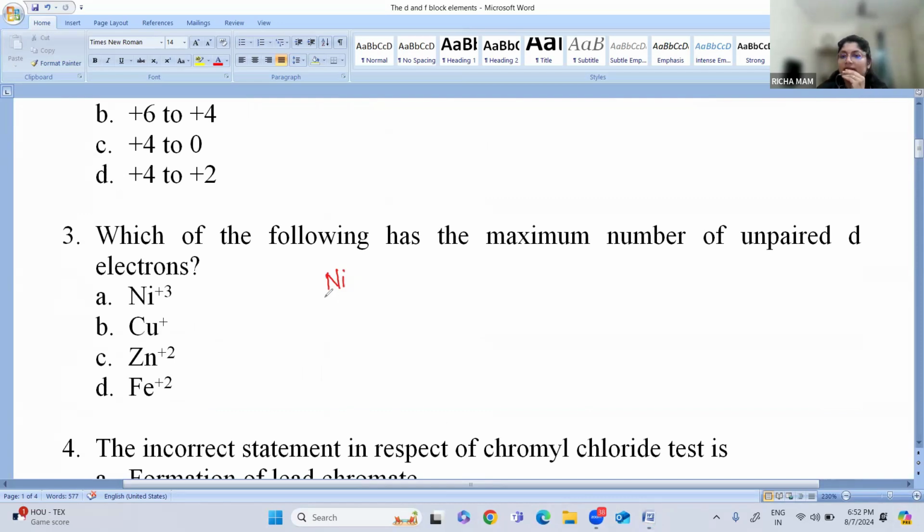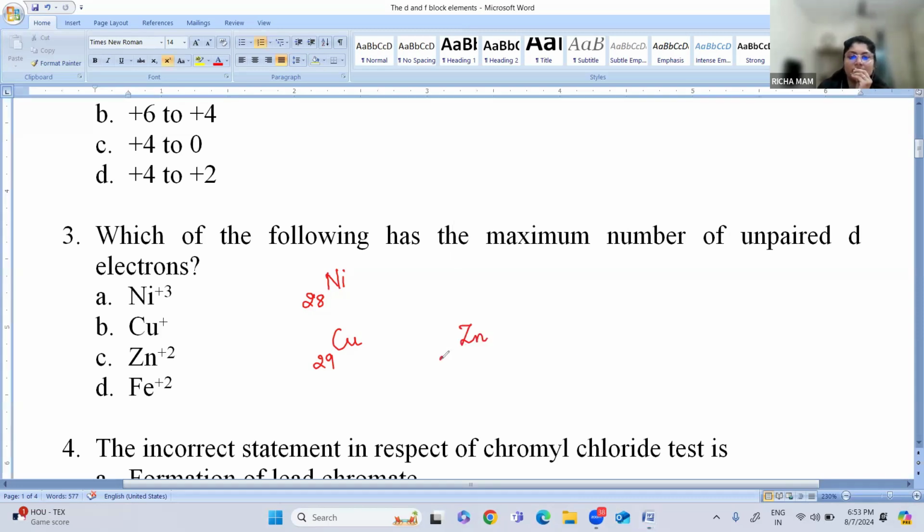Nickel. Nickel electronic configuration, what is this? It is 28. Then copper 29, zinc 30, and Fe is 26.